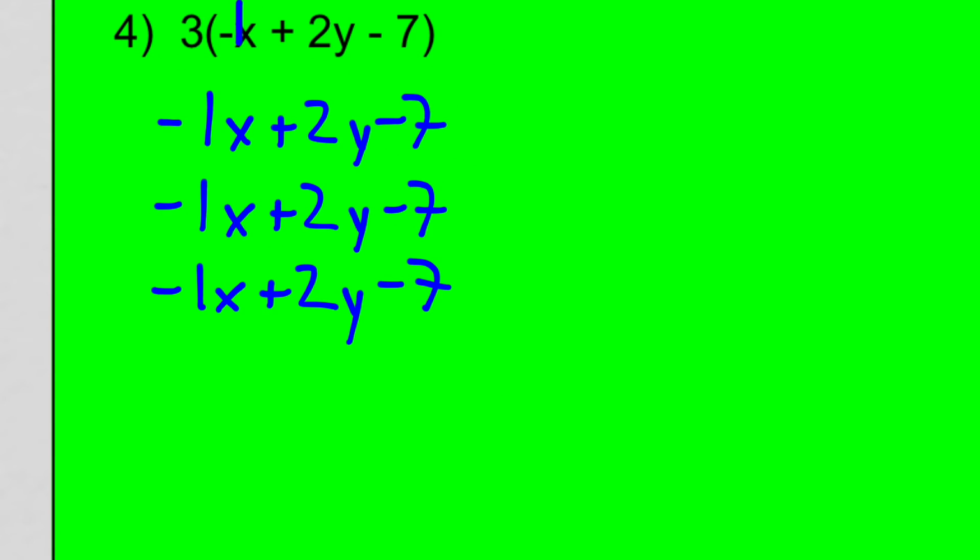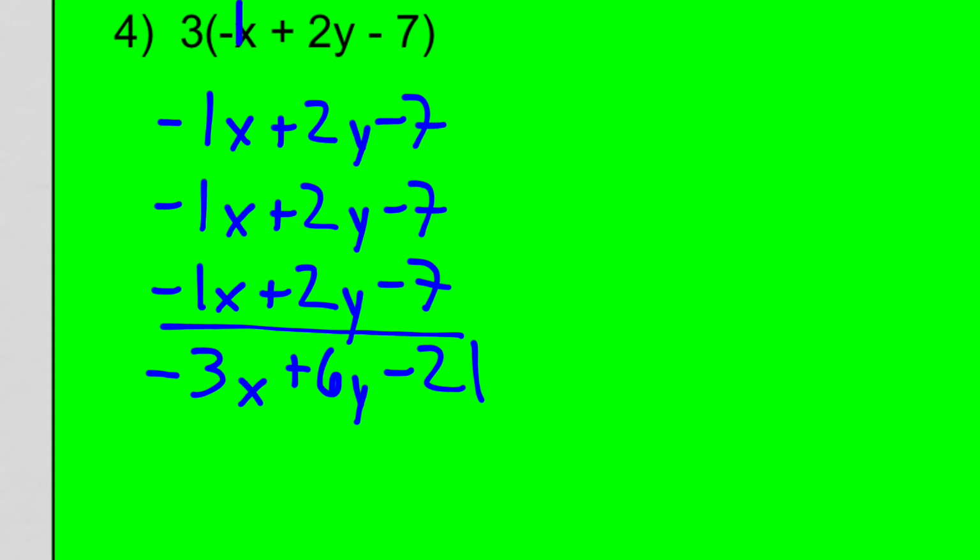Group up the terms that are the same. So I have negative 3x. I have positive 6y. I have negative 7, negative 14, negative 21. And now I've expanded that expression and distributed the 3 to each term in the expression. And that's what that means, is distributing the 3 to every term in that expression.